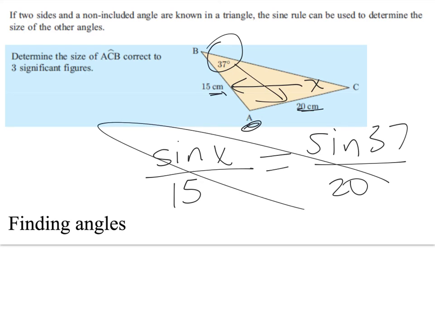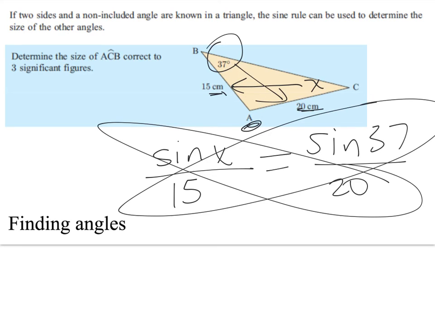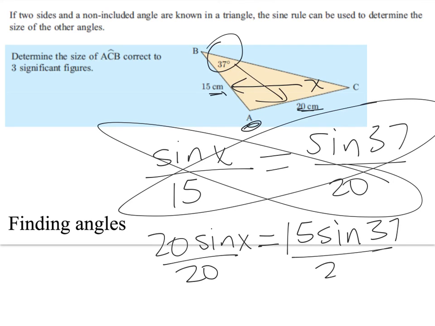And again, all we do is cross multiply. So we get 20 times the sine of x is equal to 15 times the sine of 37. We're going to divide both sides by 20.